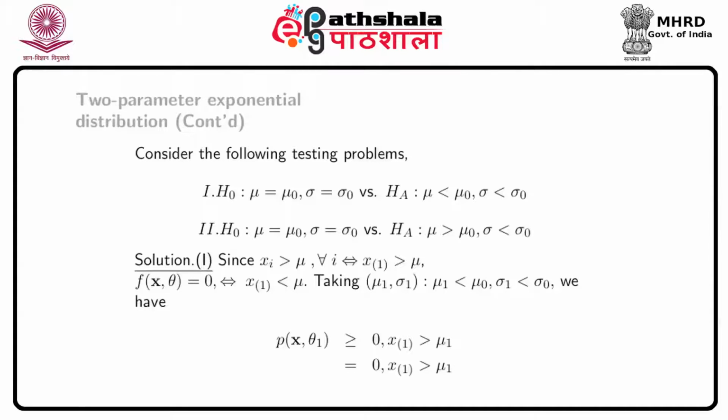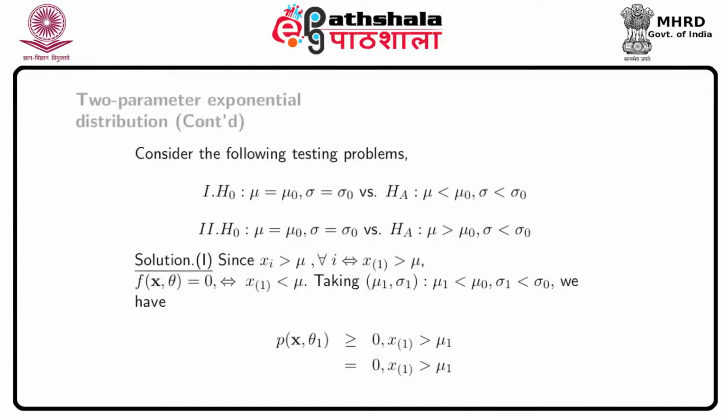Since xi is greater than mu for all i, we have x order statistic 1 greater than mu, and hence f(x, theta) equal to 0 is equivalent to x order statistic 1 less than mu.